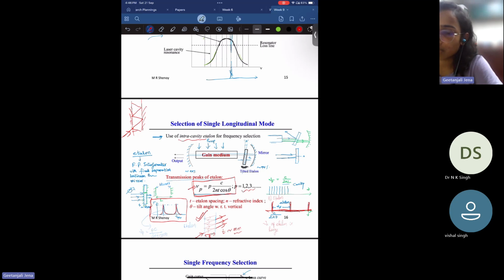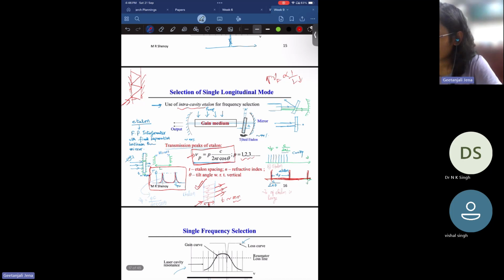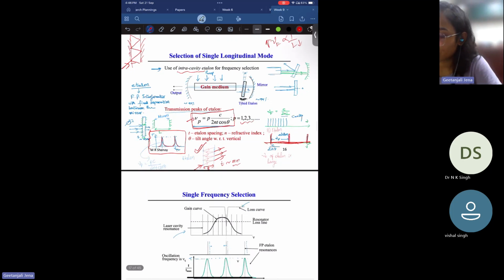If you recall, nu f is inversely proportional to length, so when you decrease the length, nu f will increase. So we use it so that we can filter out and oscillate only a single frequency in the cavity. Let us see how this is achieved.